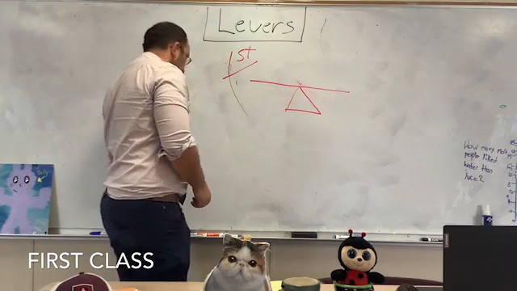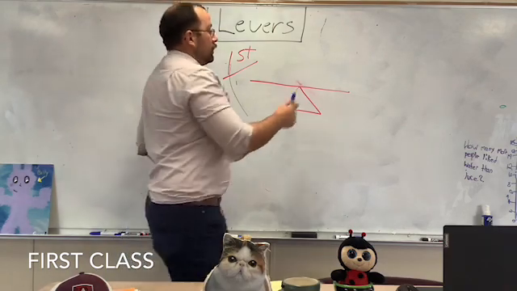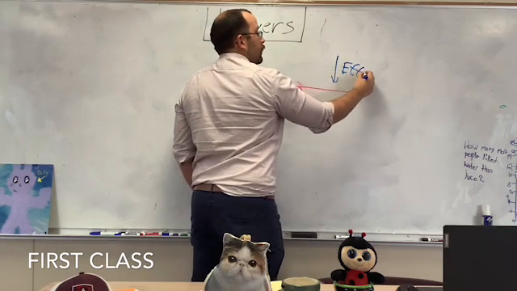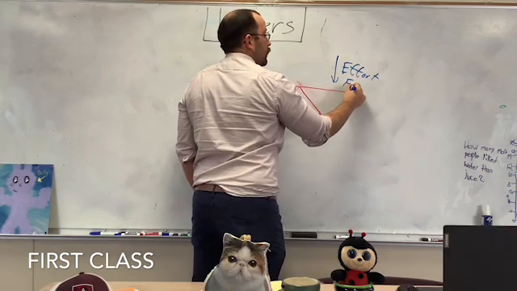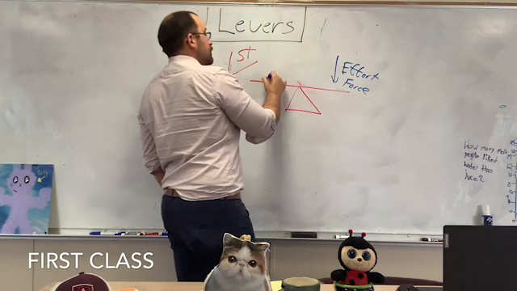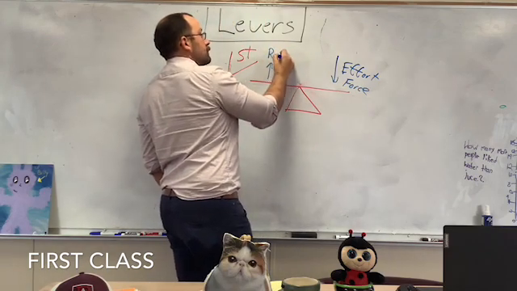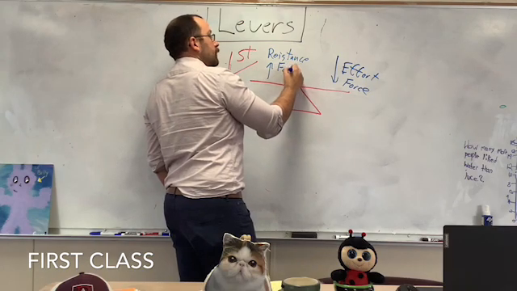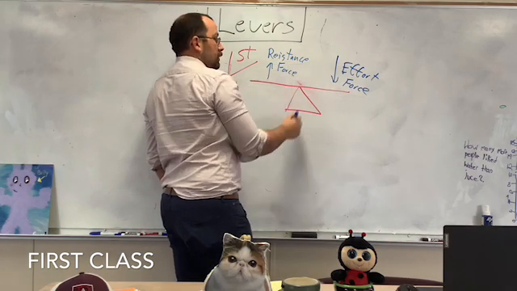So here, if I say my effort force is here, my resistance force is here, because that is what makes this a first class lever. The fulcrum is in between those two.